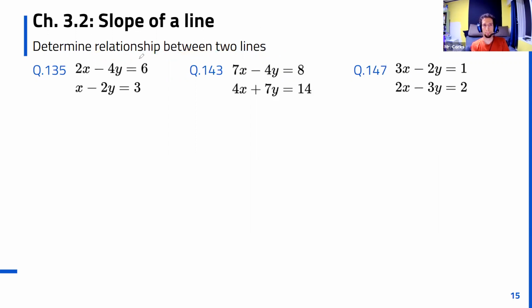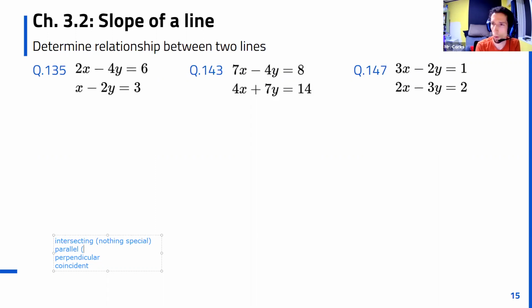They could be parallel, perpendicular, coincident, or intersecting. Just intersecting, so nothing really special happening between them.